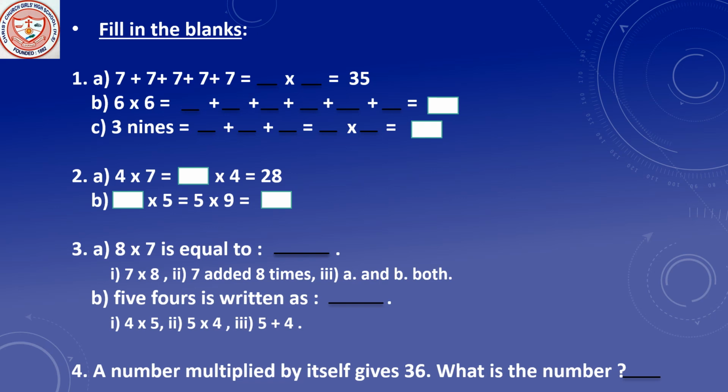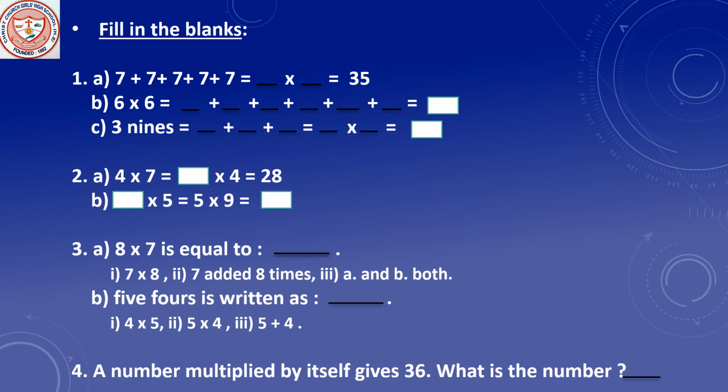Question number 3a. 8 into 7 is equal to dash. Here are the options. Number 1, 7 into 8. Number 2, 7 added 8 times. Number 3, A and B both.